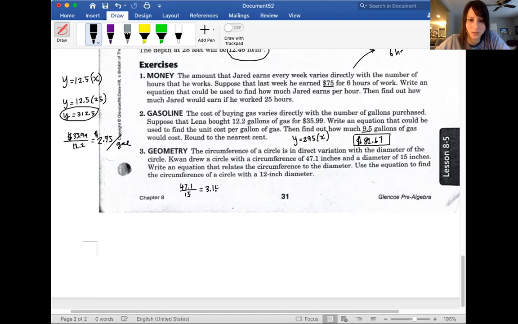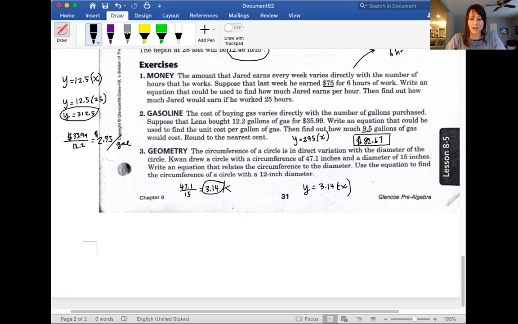What do we call this number? This is the number that we call pi, right? 3.14 is k, okay? So that means y equals 3.14 times x. And now if we want to find the circumference of a circle with a 12-inch diameter, then we can just multiply by 12 here.